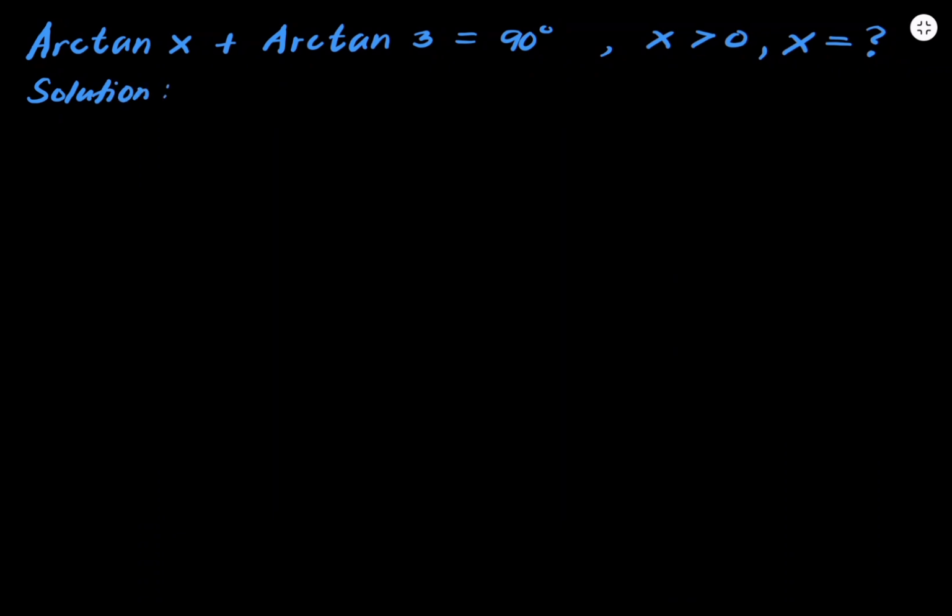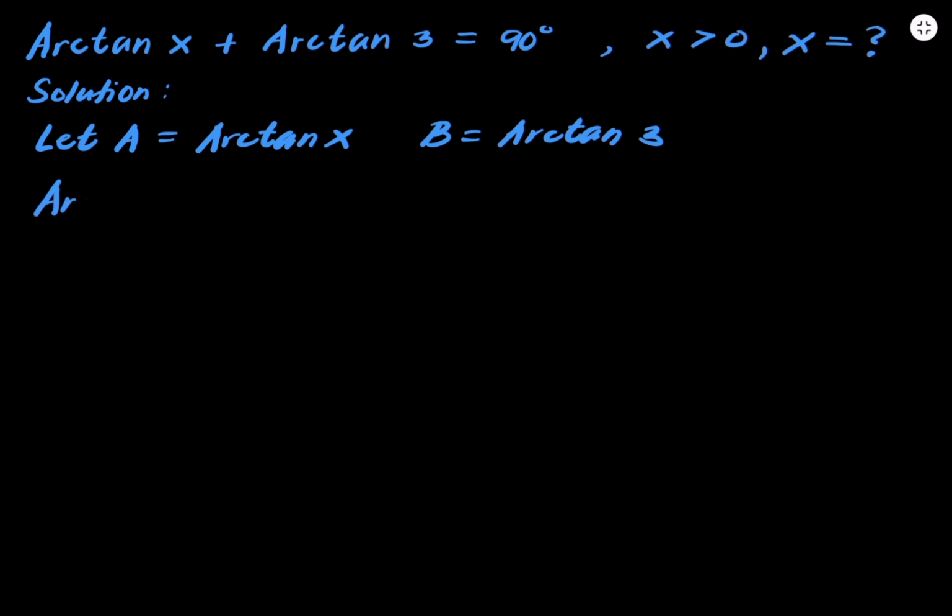To solve this inverse trigonometric equation, we let A be equal to the arctangent of x and let B be the arctangent of 3. Now let us rewrite the given equation. We have arctangent of x plus arctangent of 3 equals 90 degrees.